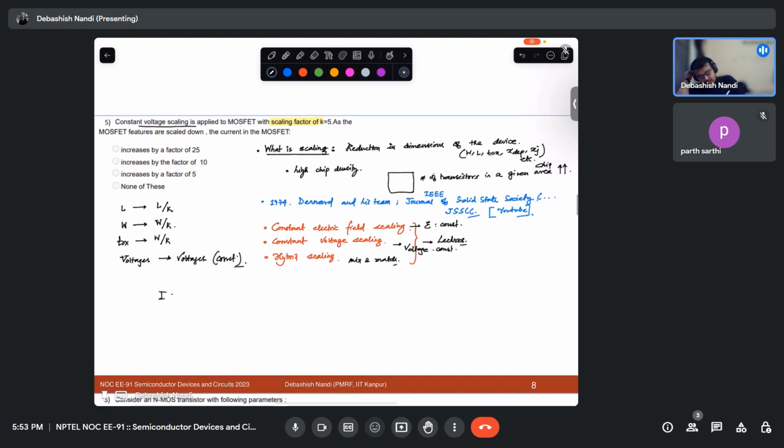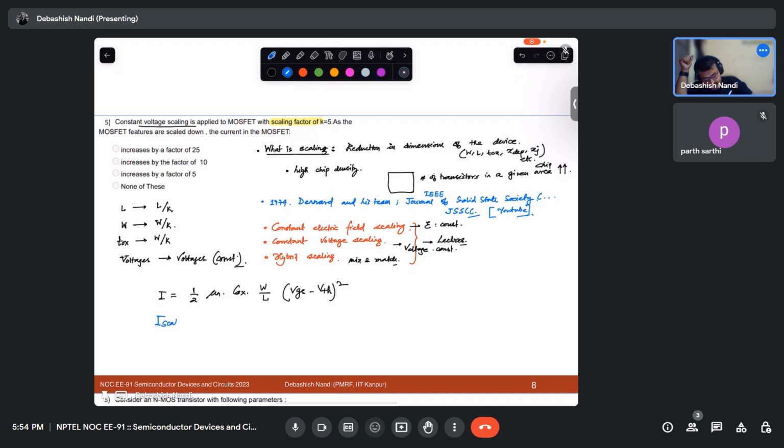So now the question is, how will my current scale down or scale up? Your current is half mu n Cox W by L, VGS minus VTH whole square. So let me write down.